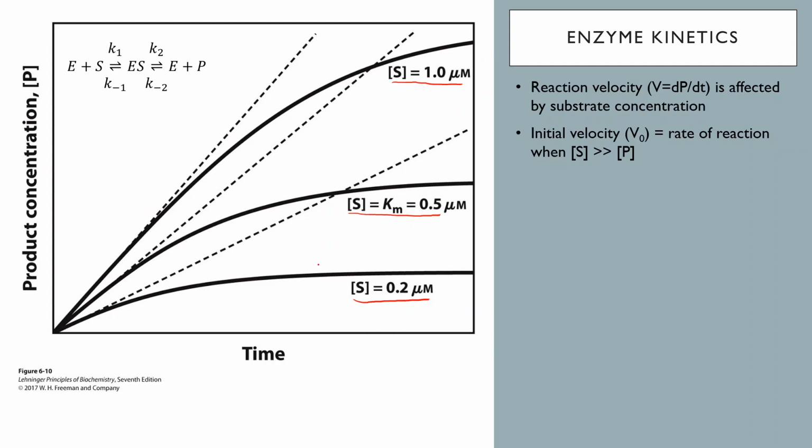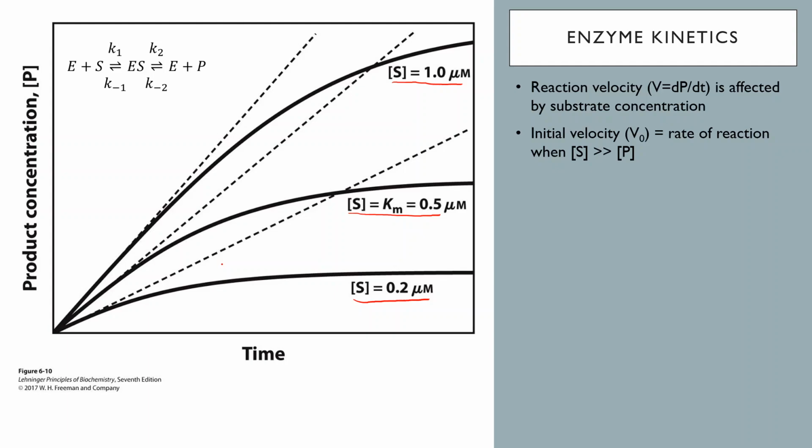That's just the velocity of the reaction at the beginning of the reaction, when the substrate concentration should be much higher than the product. In fact, in the very beginning, if you're doing this experimentally, you usually start with zero product available, and then the substrate concentration goes down over time.